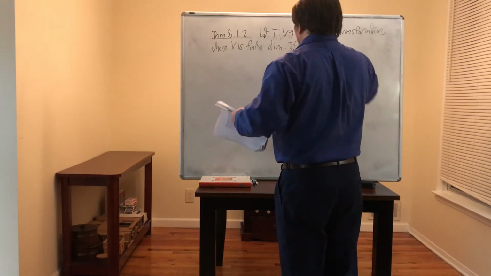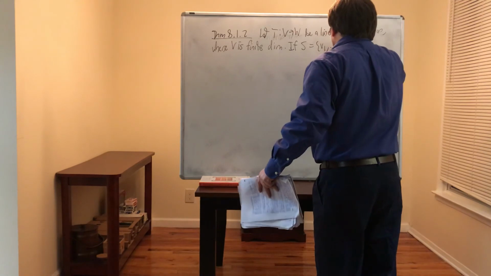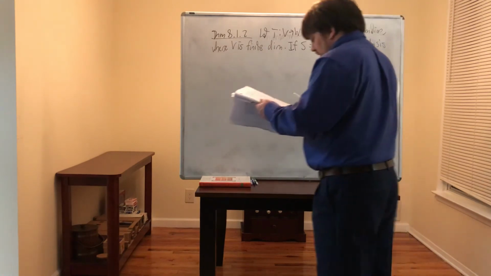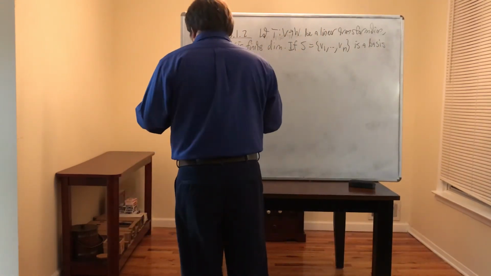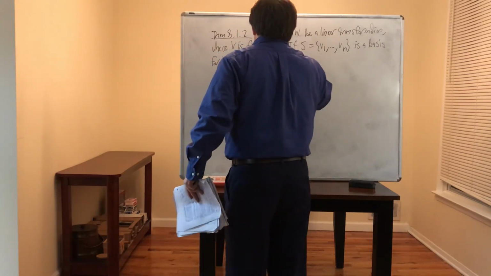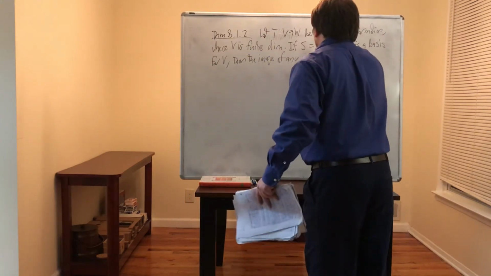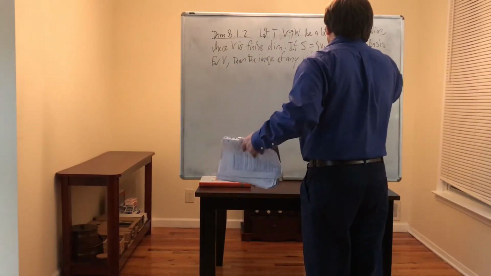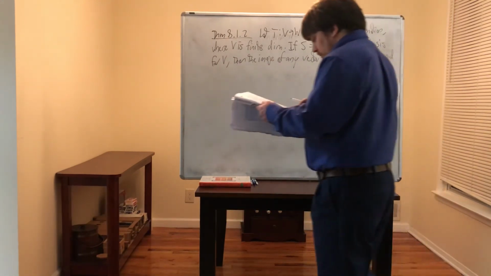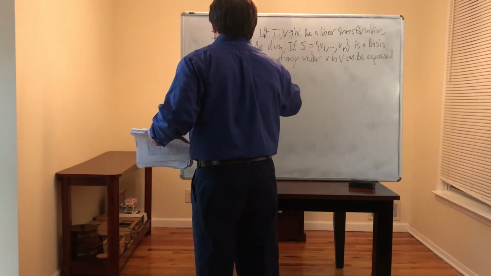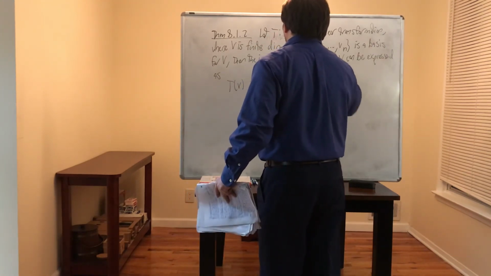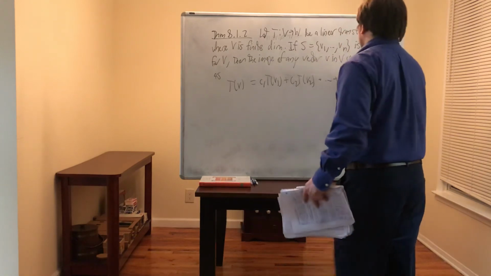If S equals {v1 to v sub n} is a basis for V, then the image of any vector little v in capital V can be expressed as T of v equals c1 T of v1 plus c2 T of v2 plus dot dot dot plus cn T of vn.